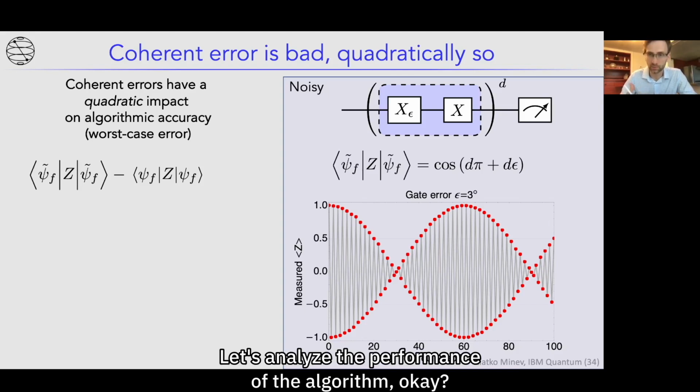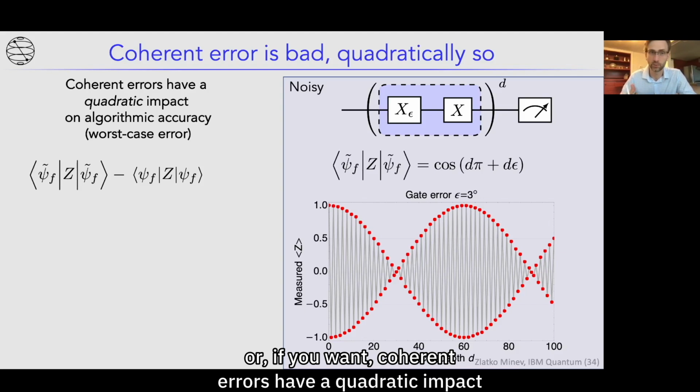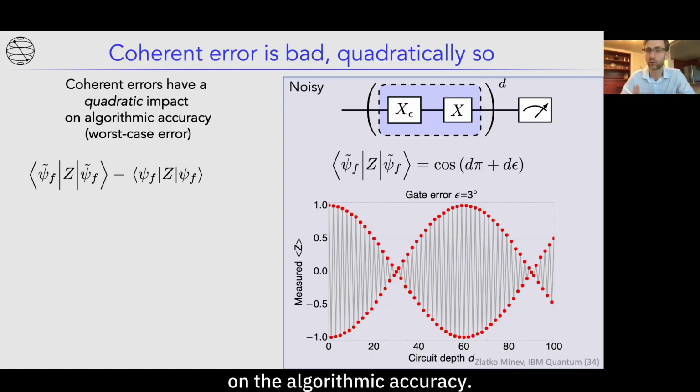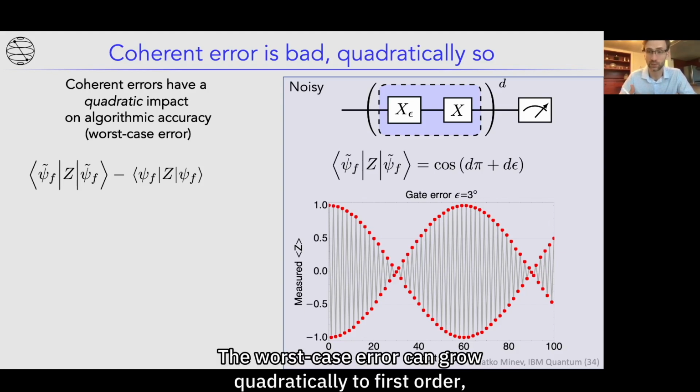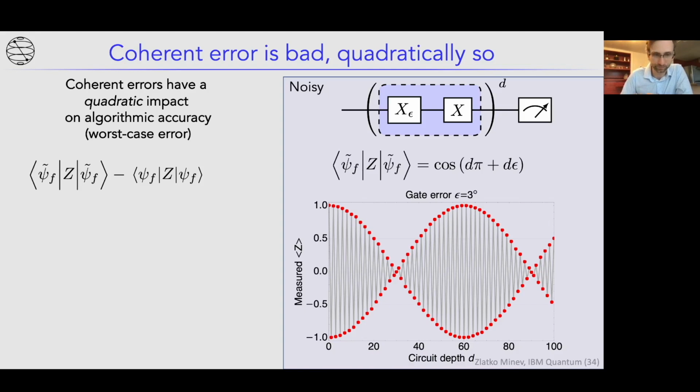Let's analyze the performance of the algorithm, okay? And the message here will be that coherent errors have, in general, quadratic worst-case performance. Or if you want, coherent errors have a quadratic impact on the algorithmic accuracy. The worst-case error can grow quadratically to first order. And that's precisely because of this coherent buildup.